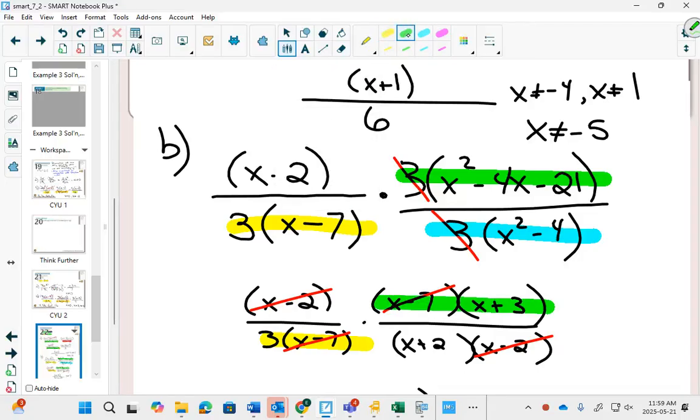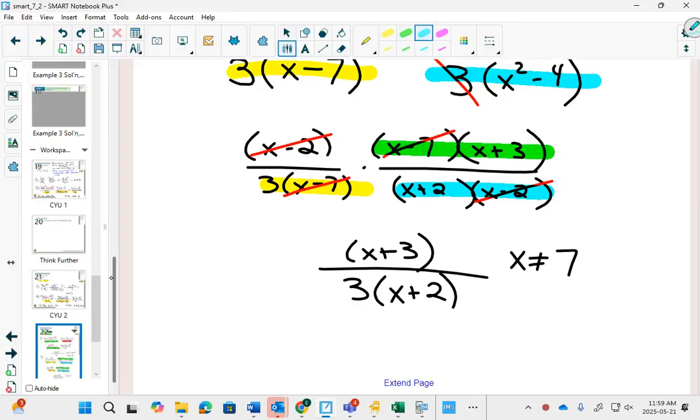The green, oh, there I could do things. And the blue, oh, there I can feel it. I feel like I could write non-permissible values for the green now. 7 again, but also I would have to add x can't equal -3 from the blue, x can't equal -2, and x can't equal 2.